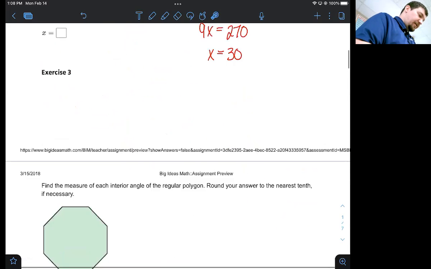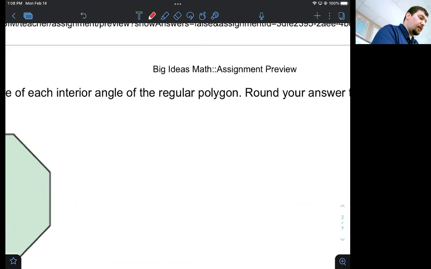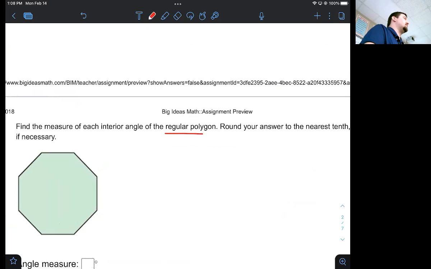All right, number 3 is our next one. Number 3 says find the measure of each interior angle. This is a regular polygon. Who can tell me what it means to have a regular polygon, Brady? That's exactly right. In a regular polygon, all the angles are congruent to each other and all the side lengths are congruent to each other.